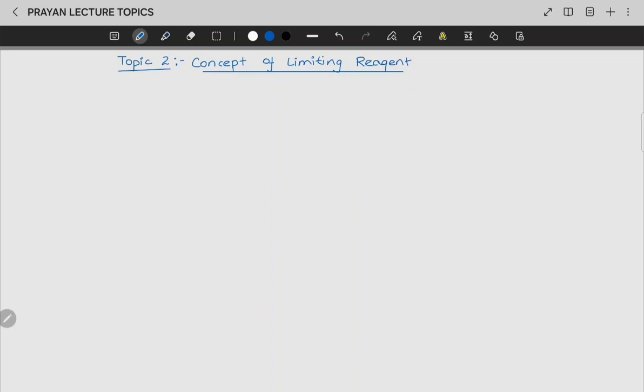So for the very first point, when do we have to apply the concept of limiting reagent? We have to apply it when the weight, or the moles, or the amount of more than one reactant is given in the question.